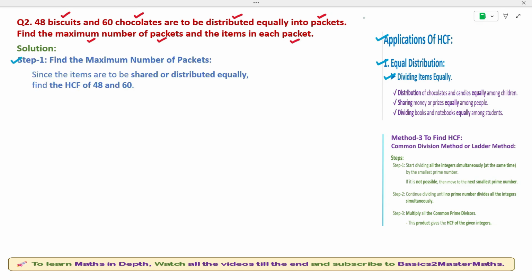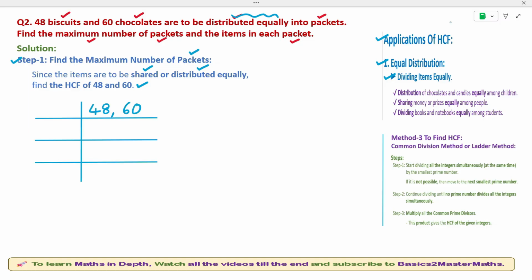Step 1. Find the maximum number of pockets. Since the items are to be shared or distributed equally, we need to find the HCF of 48 and 60.